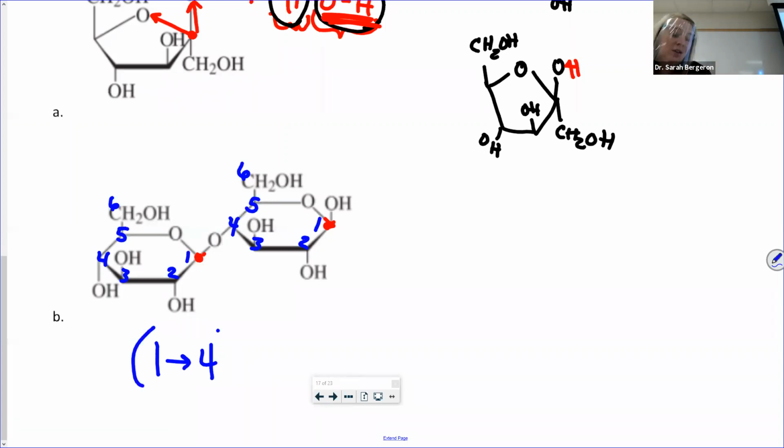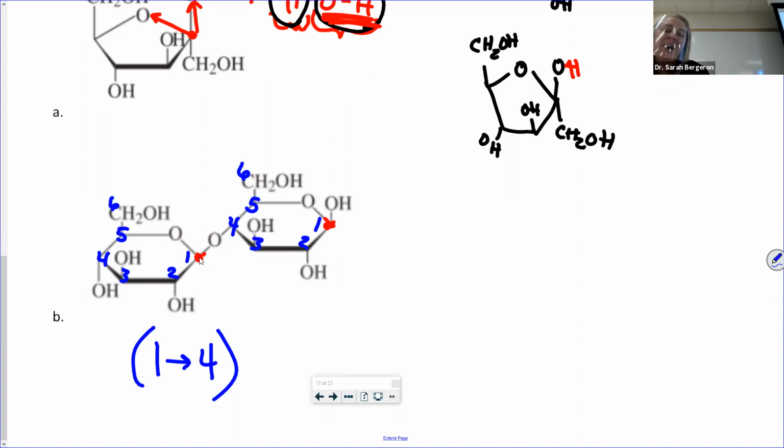And is that always going to be presented over and under for alpha and beta? Not always. But I think your book is pretty good about that. It's always going to show it to you in 3 dimensions instead of the lazy way that other chemists do it. So I think your book always does it one on top of the other if it's that way.